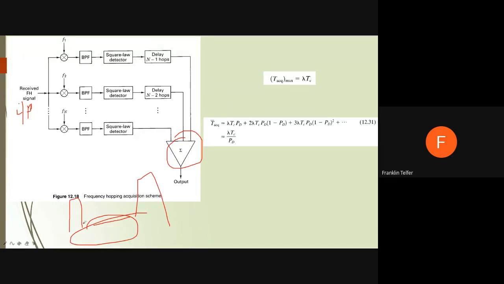If you hop a greater distance, one hop comes, consequently the next hop will be there, and consequently another hop should be there. This has to be maintained by the delay of n minus one hops, and at last it is summated together. All should be added together and properly synchronized. That is the main thing going on in FHSS.